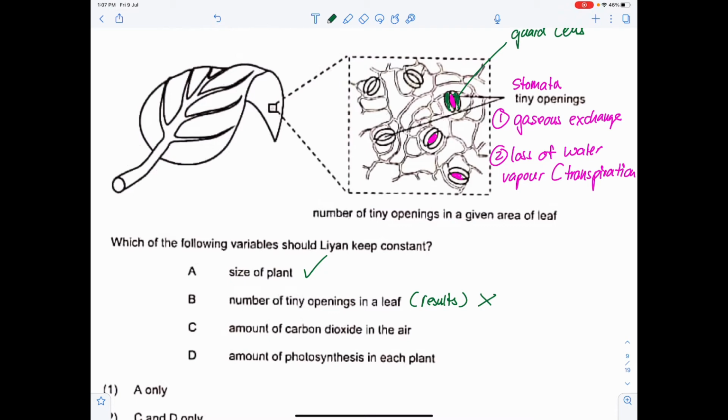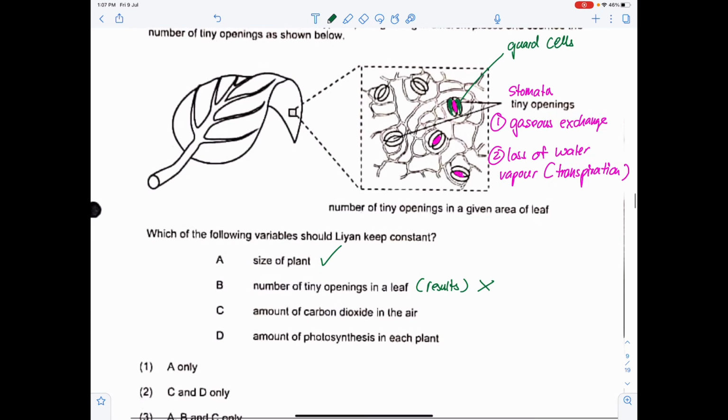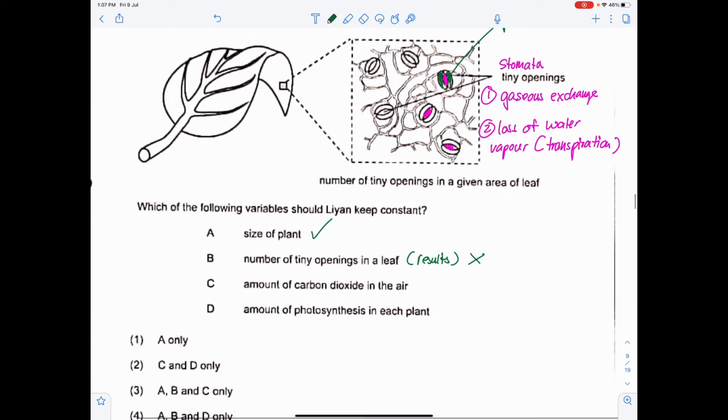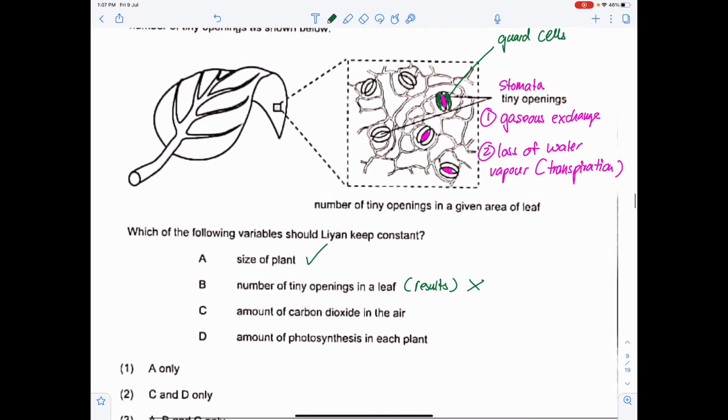Amount of carbon dioxide in the air, okay, should not be kept the same also, because that is actually referring to the different places with different concentration of carbon dioxide. That is actually your change variable. Lastly, amount of photosynthesis. This is once again a process that cannot be controlled by you.